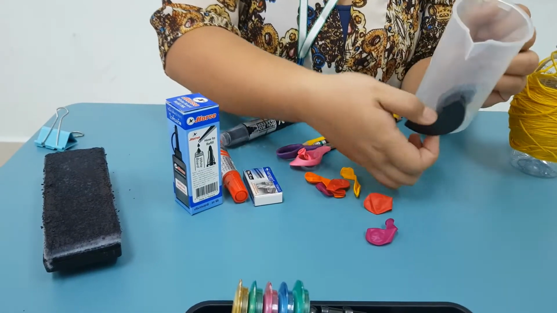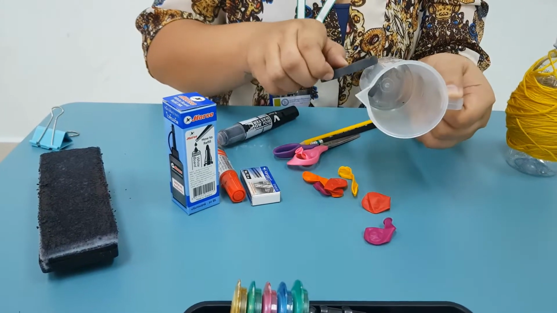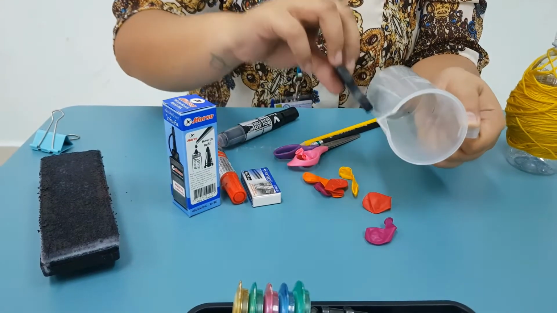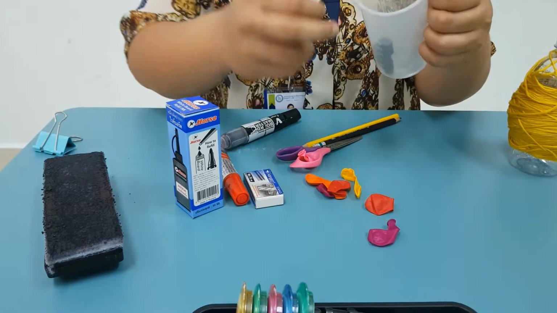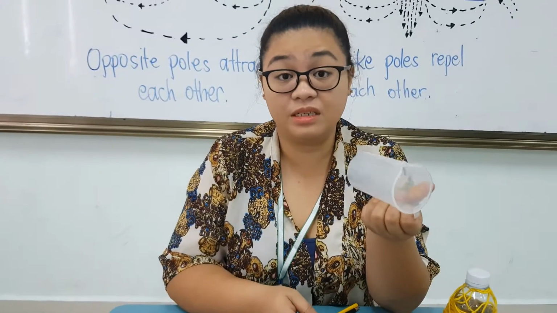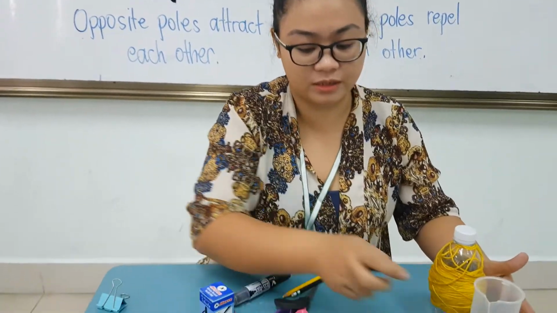Do you see the magnet moving inside? And if I remove this, and again, there it is. However, sadly, this plastic container is not magnetic. So we put it in non-magnetic materials.